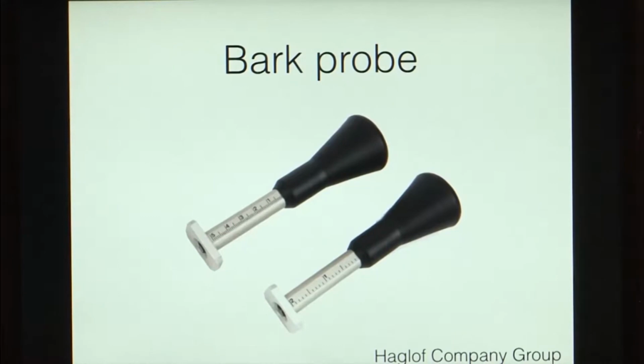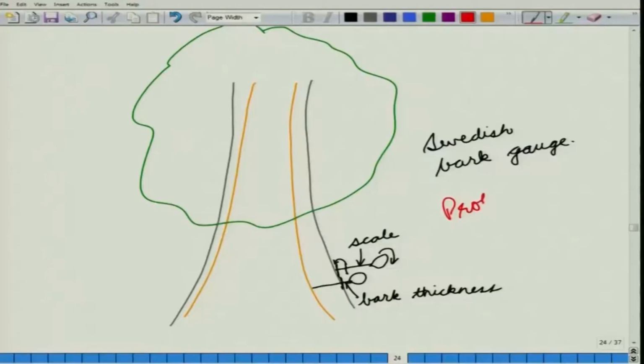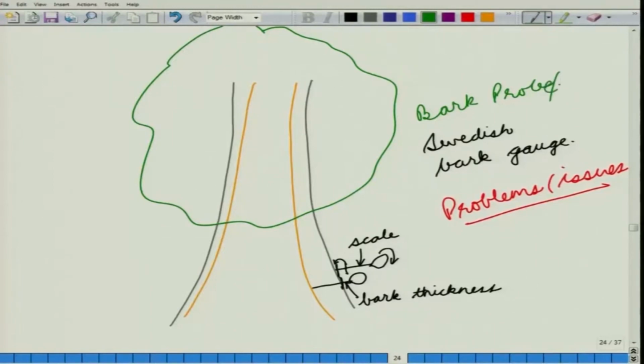Now, the main problems or issues when we are trying to use this bark gauge or a bark probe, in both the cases the issue lies here.